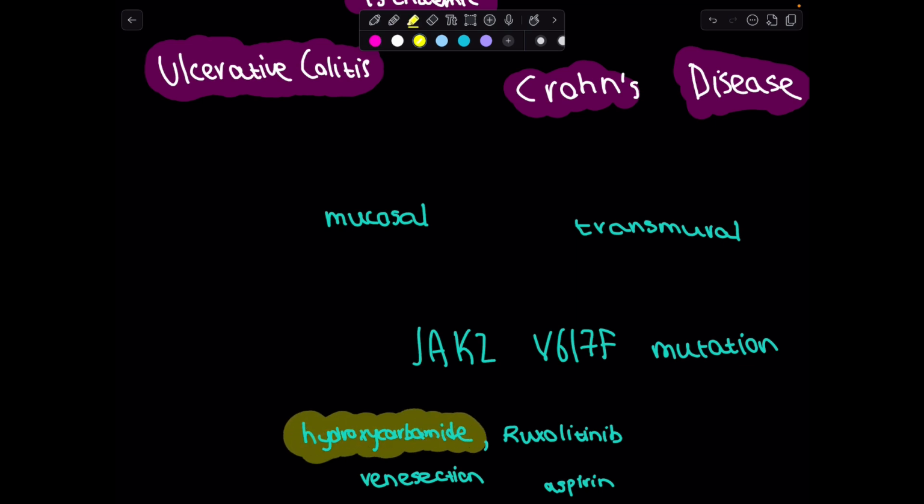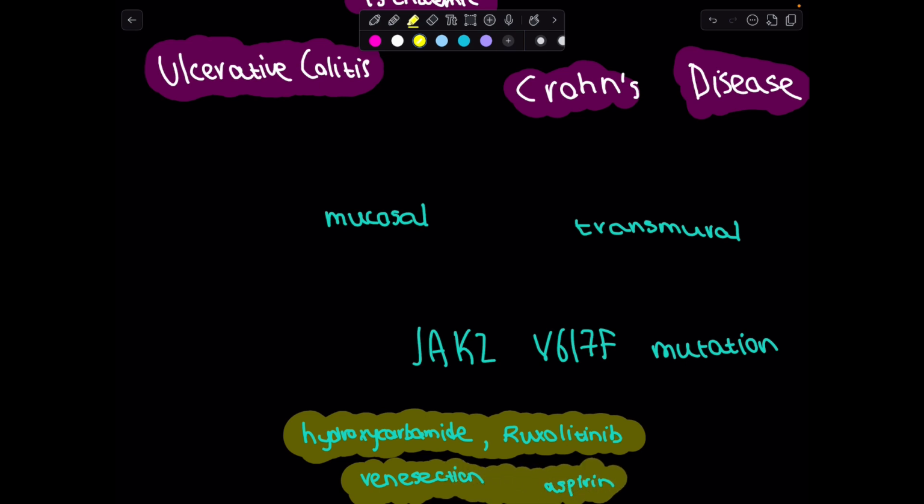This overproduction, particularly of platelets or red blood cells, can mess with hemostasis by increasing clotting risk or thrombosis, or, ironically, bleeding tendencies due to faulty platelets.